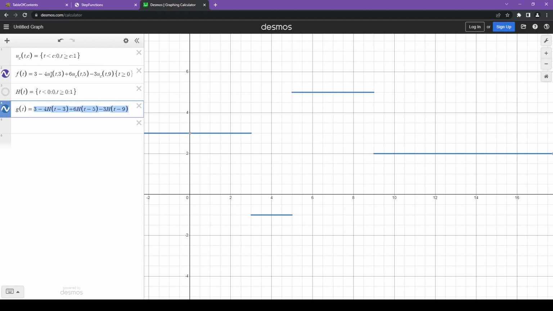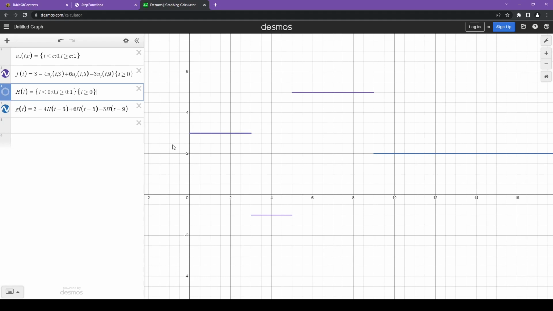Okay, Desmos has the flexibility for us to be able to do a fancier version of what we're talking about. And then, sorry, I will also add the domain restriction to this in order to get rid of this part.